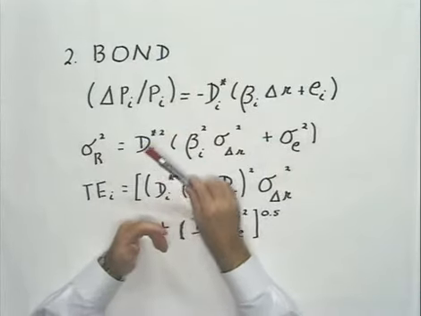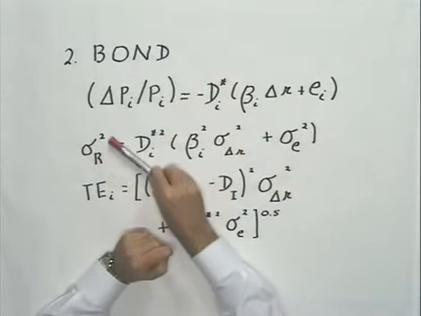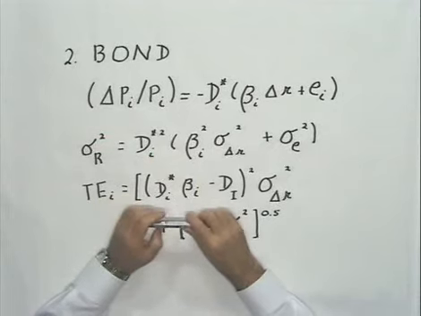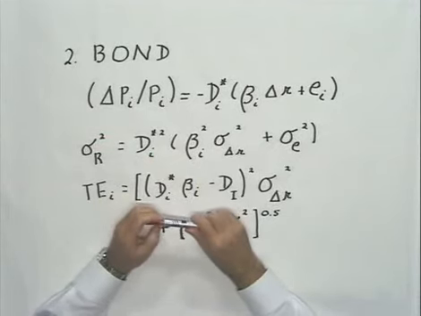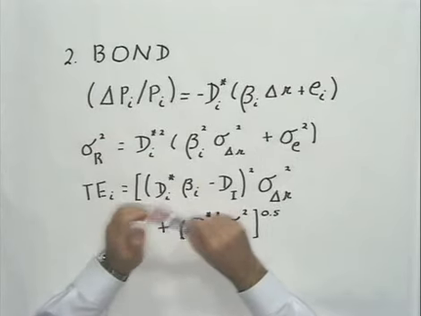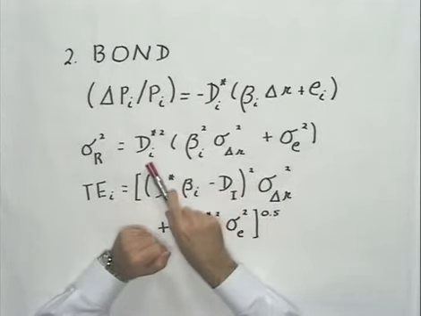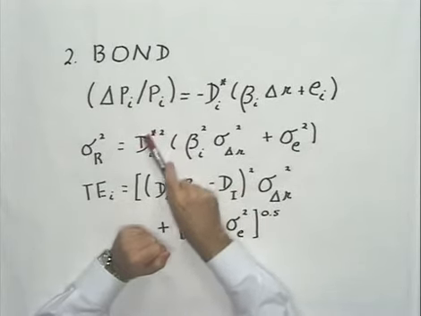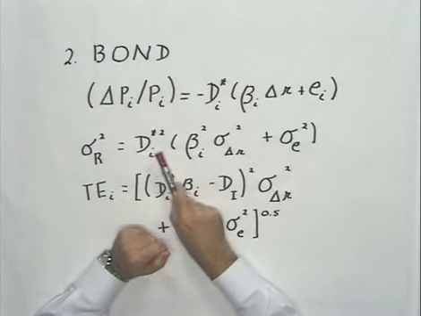Just like in the equity case, we should get a similar sort of relationship for the variance of return in terms of this bond portfolio. You can see that an important aspect here is this modified duration.